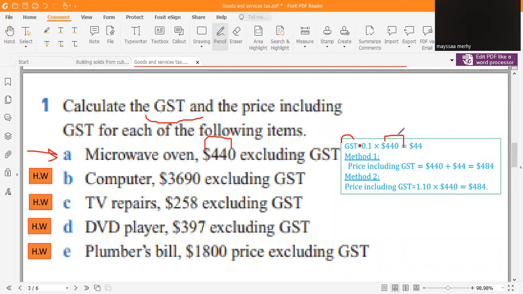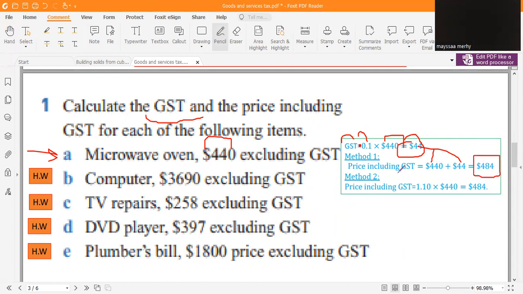We multiply it by 0.1, which is equivalent to 10% of this price. We will obtain $44 as the tax amount. If we add this amount to the price excluding GST of $440, we will obtain the price including GST, $484.